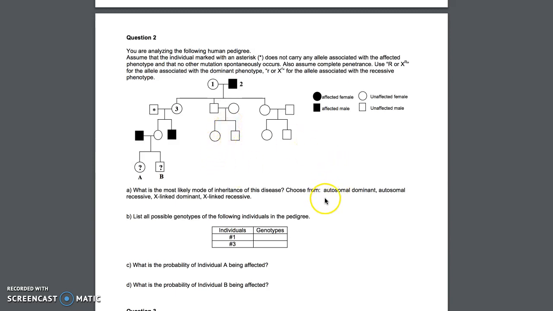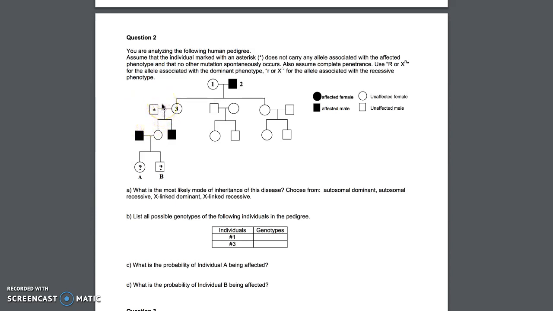Is it autosomal or is it X-linked? We're going to approach this by looking at this son, okay? Because he has the disease, we know it is recessive, but he has a parent who does not have either allele.